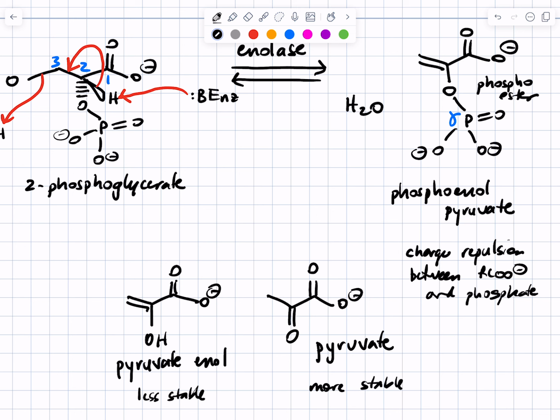So embedded in this phosphoester is a leaving group that can leave as something that can immediately convert into something more stable. So between the charge repulsion and the enol-keto difference in energy, this molecule is pretty high in energy, pretty reactive, and it's going to be very downhill in energy for ATP to form.